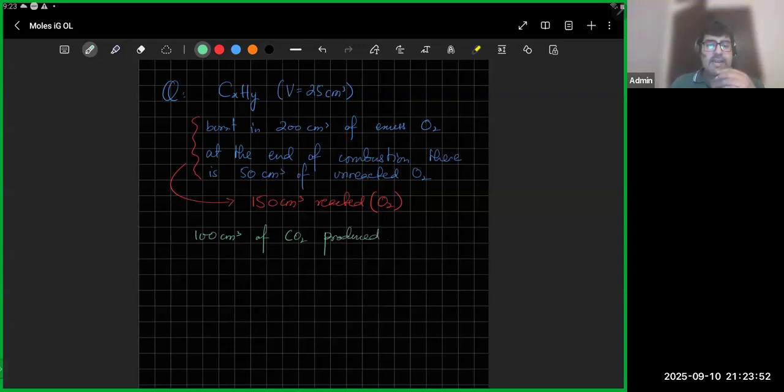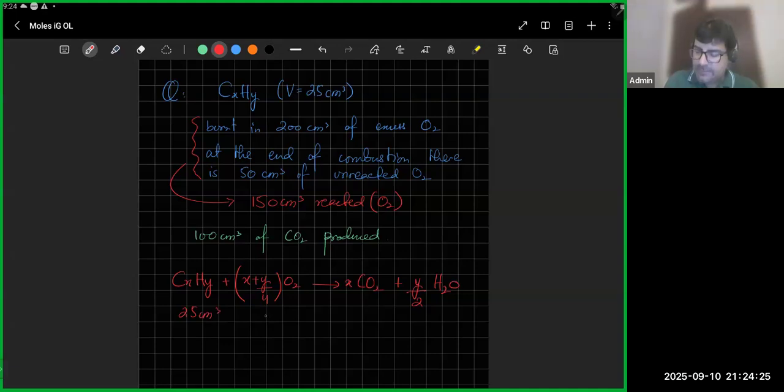So he gives us that information as well. And now you have to figure out what the hydrocarbon is. I'm going to use the same equation, CxHy plus (x plus y by 4) O2, and on the other side, it's going to be x CO2 and y by 2 H2O gas molecules. So what is the amount of hydrocarbon? That's 25 cm cube.